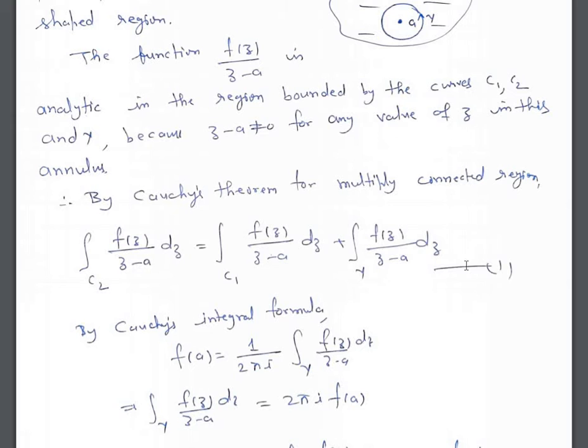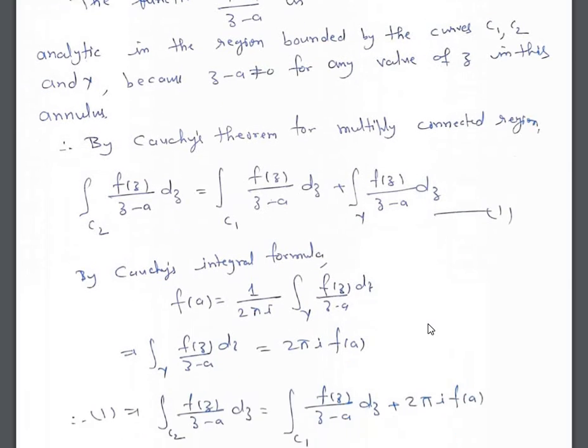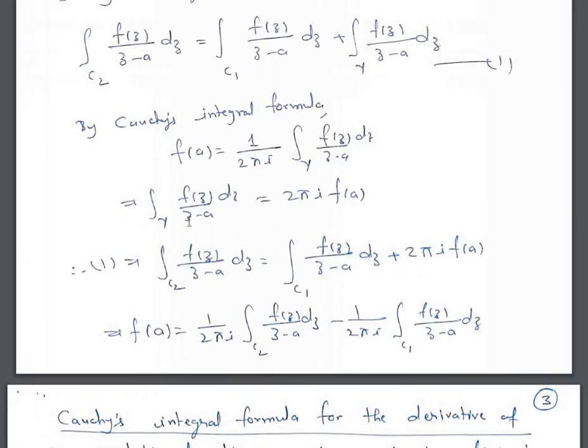So put this value in equation number 1. Therefore equation 1 implies that integral over C2 f(z) upon z minus a dz is equal to integral over C1 f(z) upon z minus a dz plus, in place of this, we write 2 pi i into f(a).